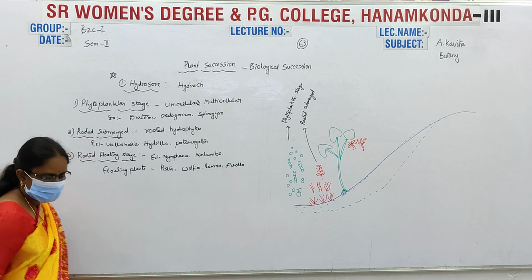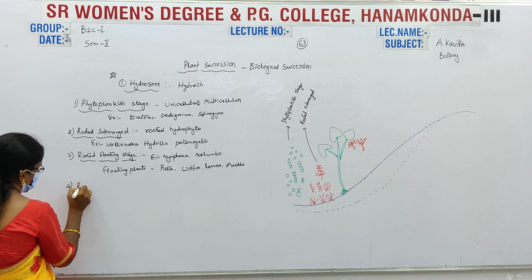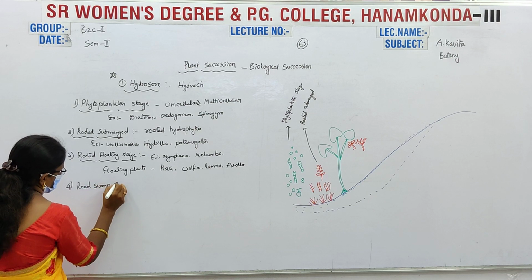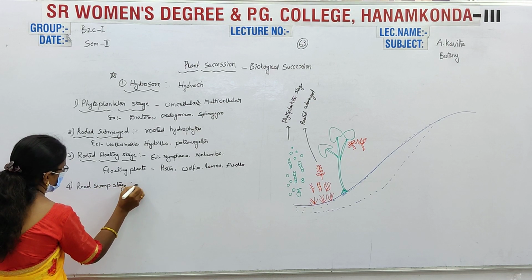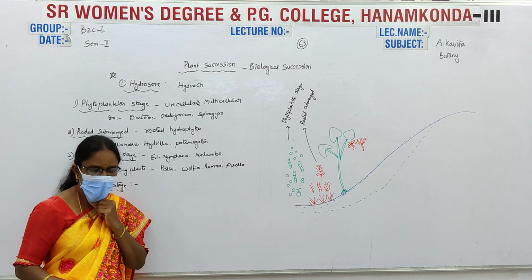And the next one, the fourth one, is the reed swamp stage.